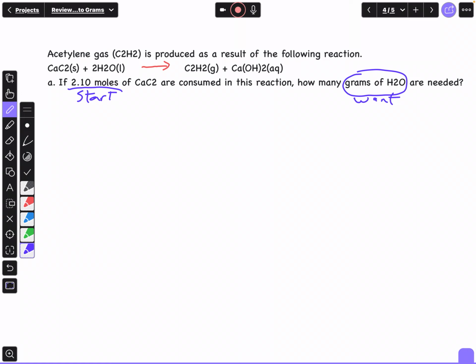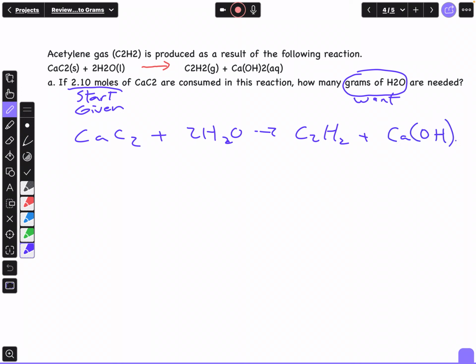So if I rewrote this reaction, I had CaC2 plus 2H2O, and that produces 1 mole of C2H2 plus 1 mole of calcium hydroxide.